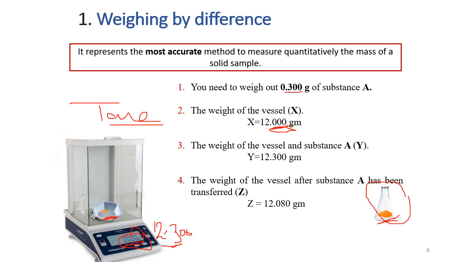So you will weigh back your boat, but this time you're going to weigh it with the dirt inside. Okay? So of course you will get it 12, but this time it would be 12.08 because most of the 0.3 was already transferred into my flask.